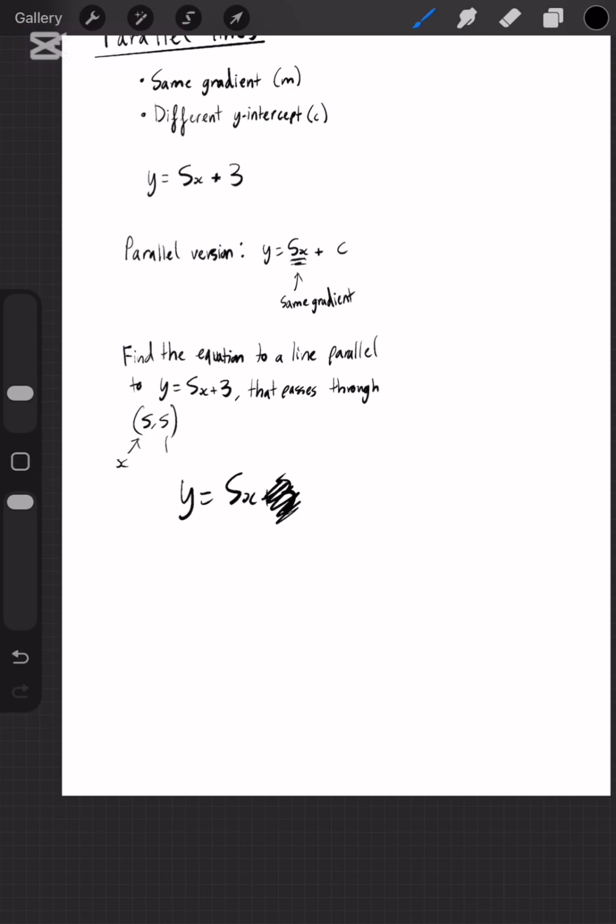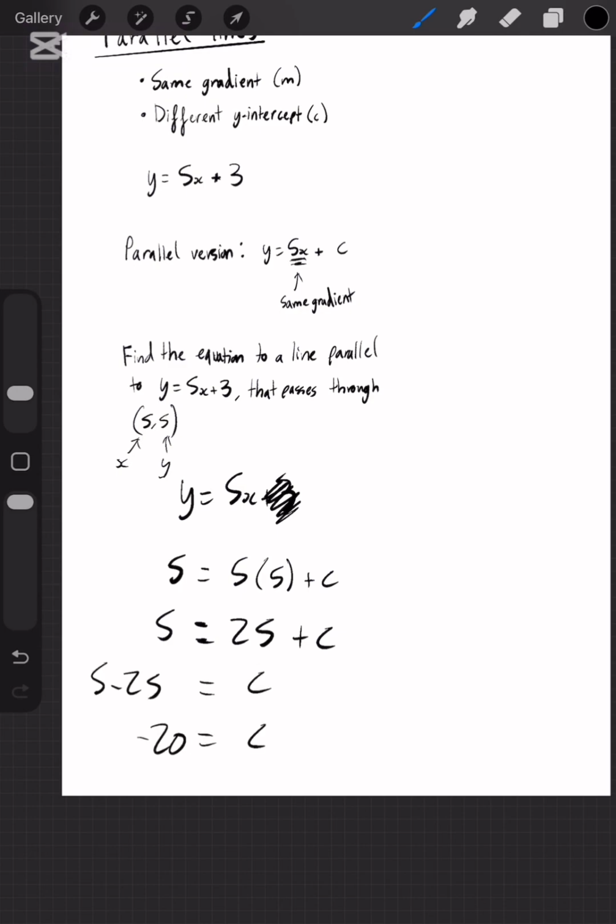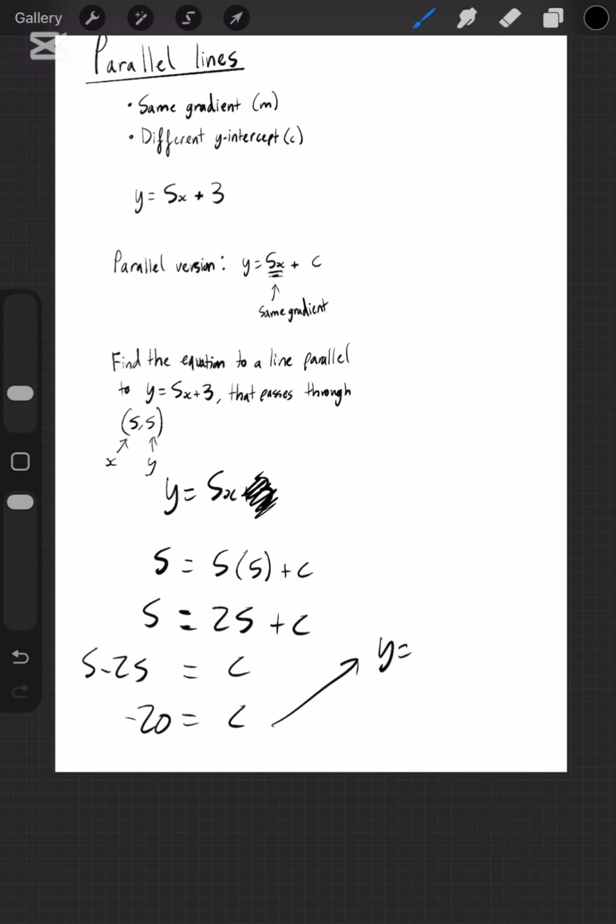So we know that our gradient stays the same, which means we already have the m, or the gradient. All we need to do now is sub in the coordinates. So we sub in our y-coordinate and our x-coordinate, and then we try to find c from that. There we go, 5 minus 25, c is equal to minus 20. Pretty easy. So our equation is y equals 5x minus 20.